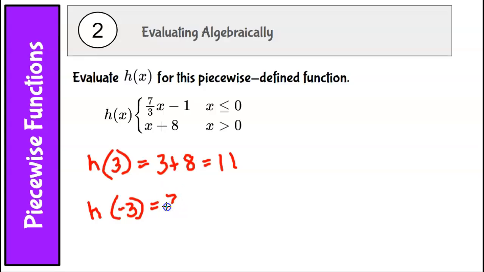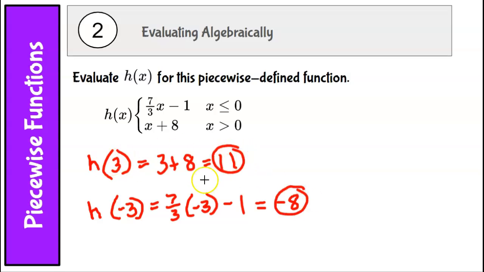So I'm just going to rewrite the function, substituting -3 in the place of x. And then 7 times -3 is -21. Divided by 3 is -7. Minus 1 is -8.